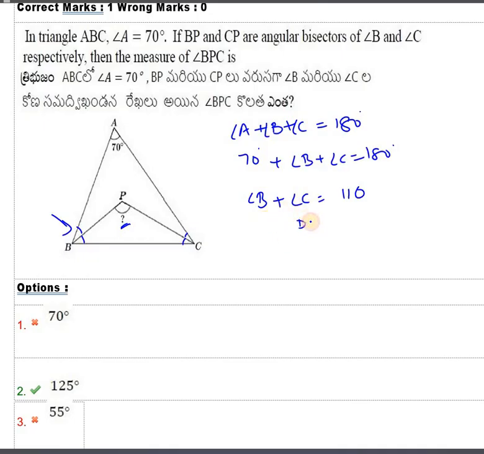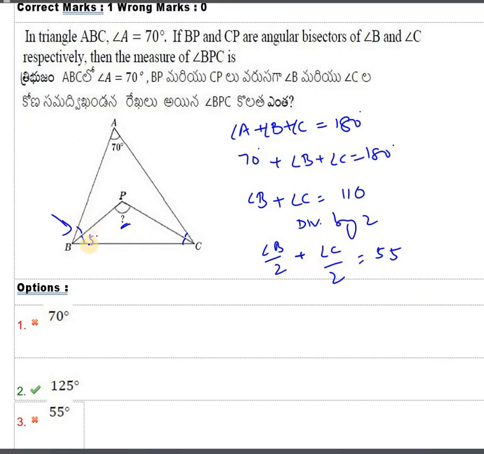So what we will do here, divide by 2 throughout. Angle B by 2 plus angle C by 2 is equal to 110 by 2. 110 by 2 means how much? 55. So angle B by 2 plus angle C by 2 is 55.